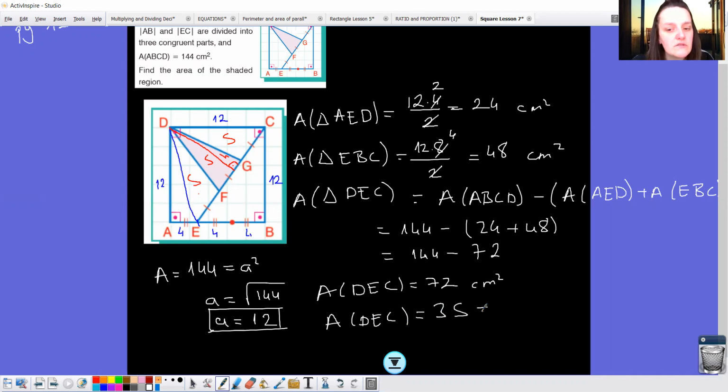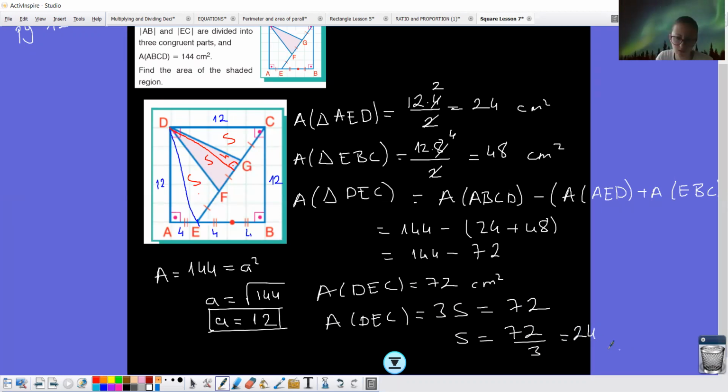So S is equal to 72 over 3, which is 24 centimeters square. So the shaded area will be 24 centimeters square.